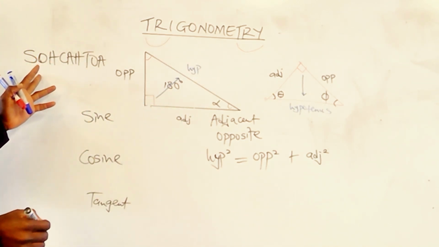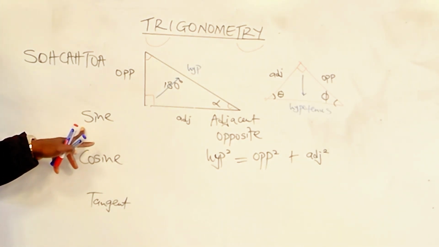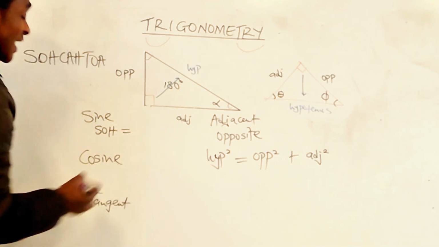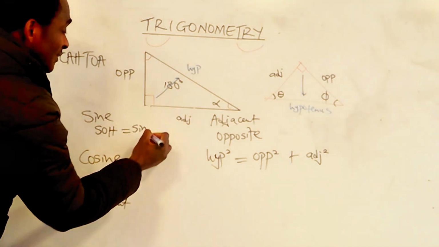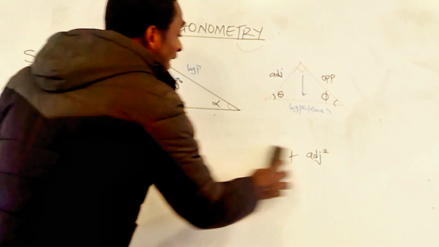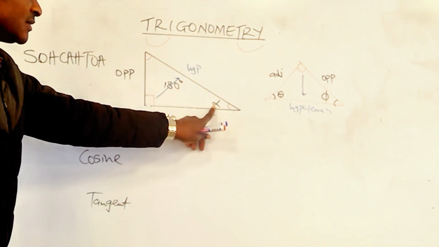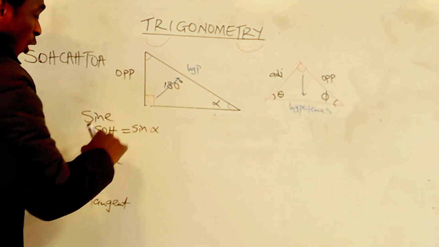The "SOH" here applies when you want to use sine as an identity. If I want to use sine, then the sine of any angle in question, let's say, for instance, I want to work on alpha, the sine of alpha will be opposite over hypotenuse.